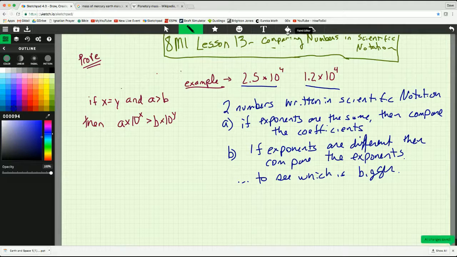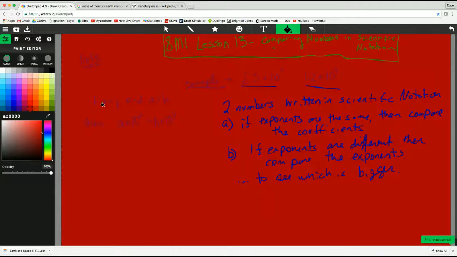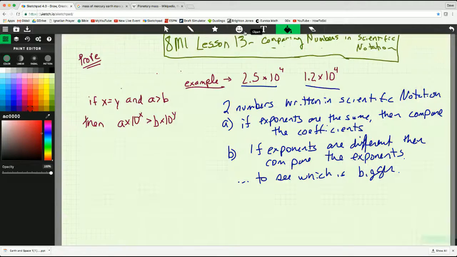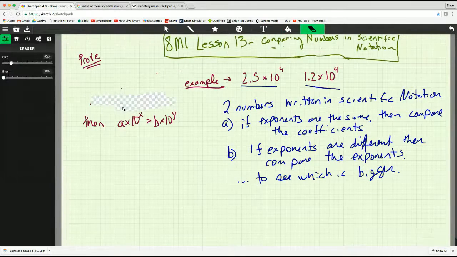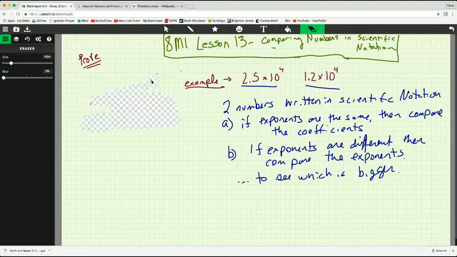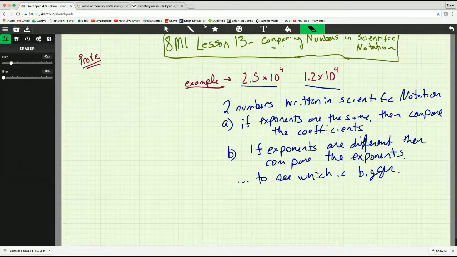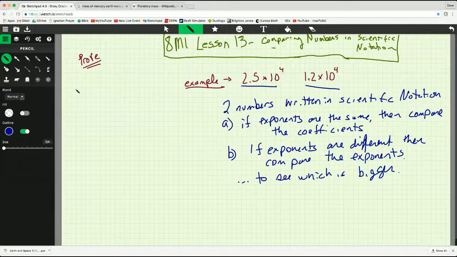So let's start off. Okay, we're going to try the case A, when the exponents are equal.